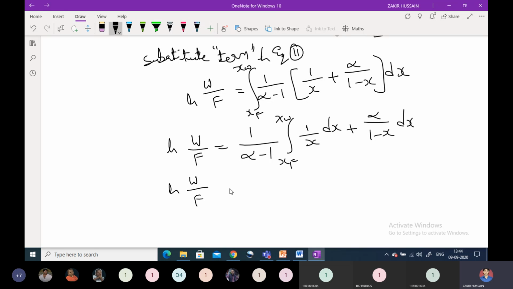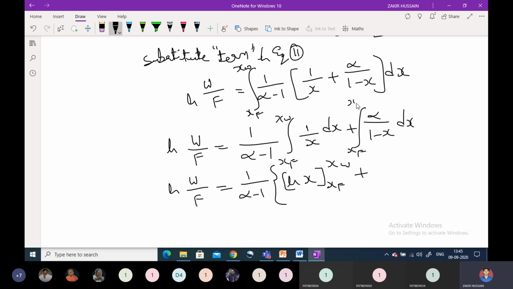So ln W by F is equal to 1 by alpha minus 1 into ln x, in a bracket, whose limits are from xF to xW, plus the integral of this one, we are writing the integral one more time.